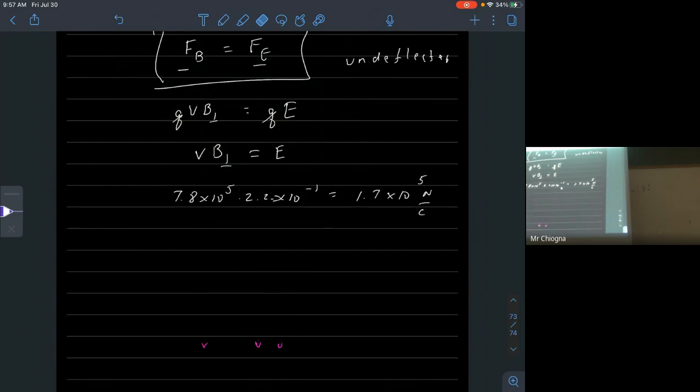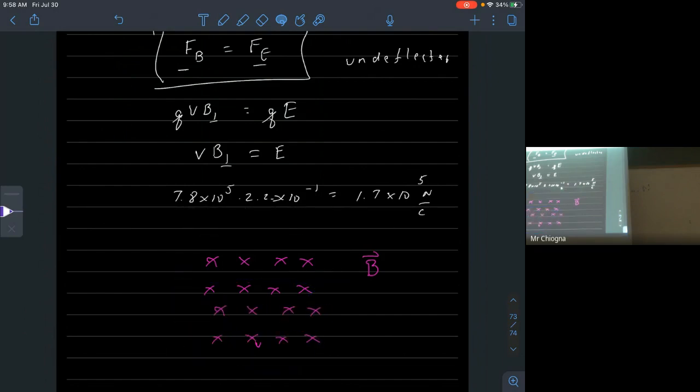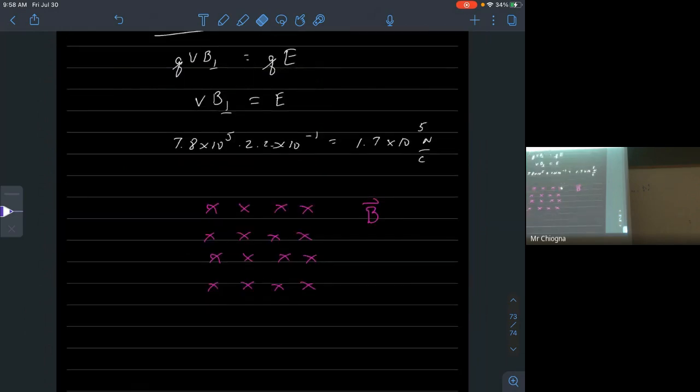See if I can do it as easily as possible for you. So the magnetic field, let's say, is into the page. That's the magnetic field. Okay, and the charge is moving this way. It's a positive charge.